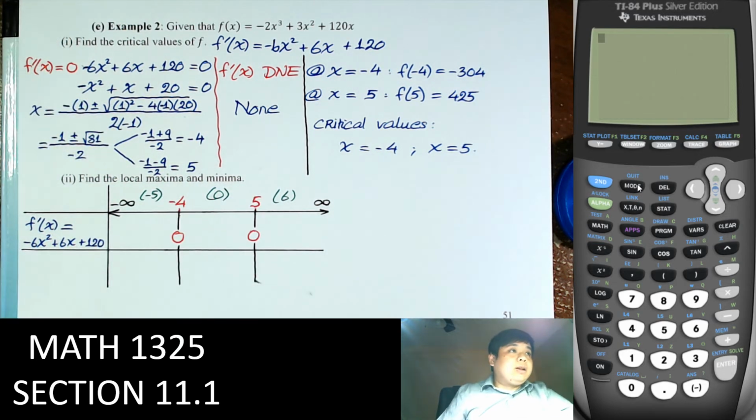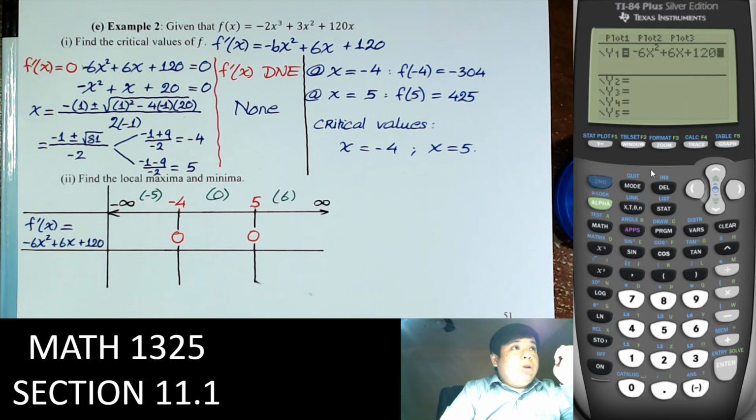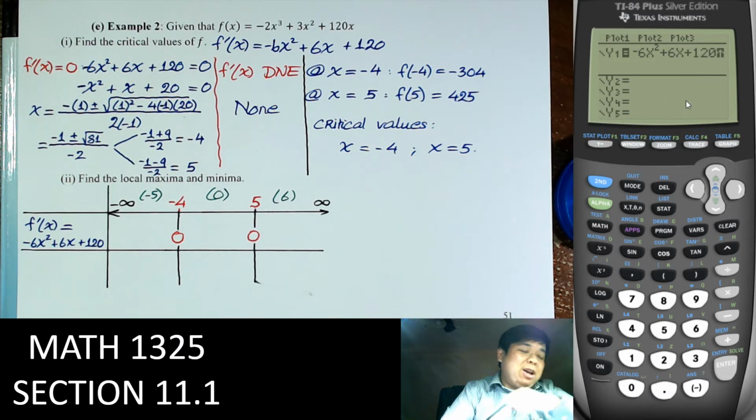Right. The derivative is -6x squared plus 6x plus 120. Remember, we can always use the table, but make sure what function or derivative we enter here. So that is the derivative, and that's what we want.